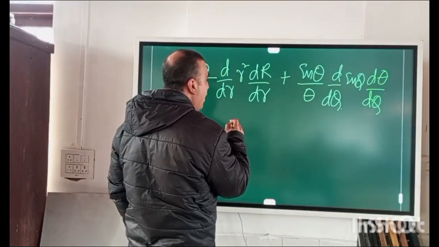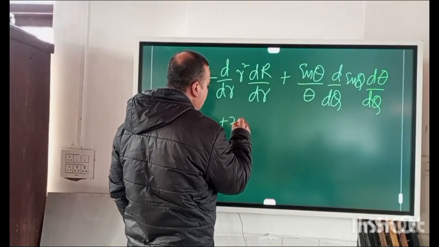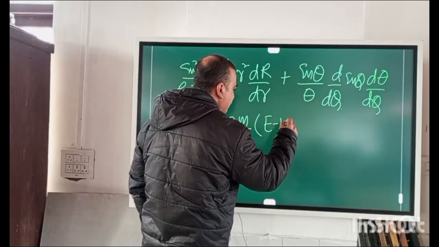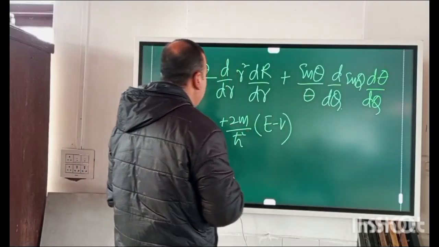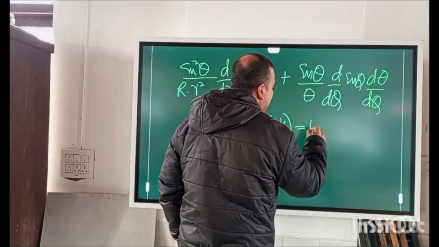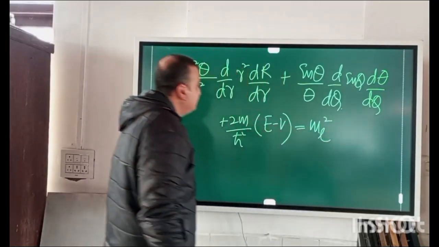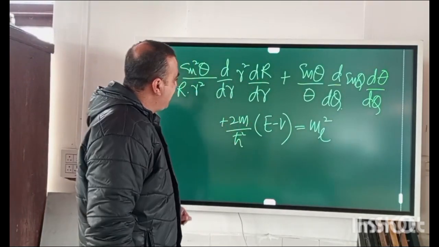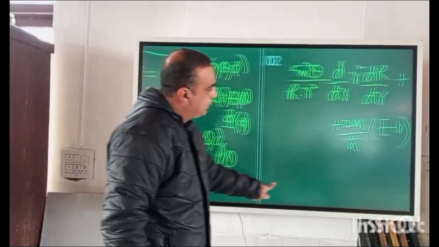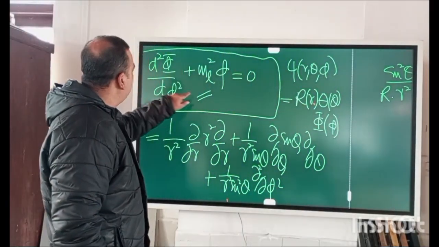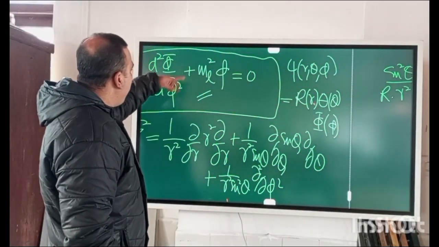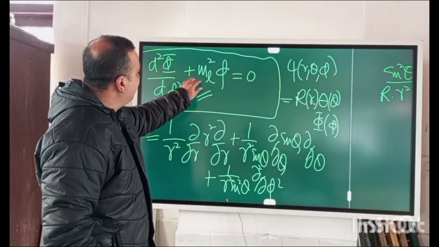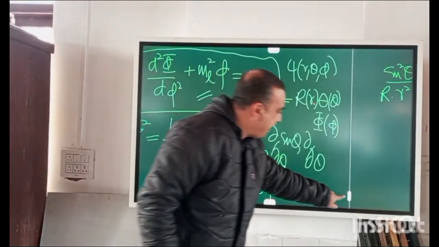And then we have plus 2m by h bar square E minus V. And this is equal to ml square. Because this thing was the left hand side of yesterday's equation, and the right hand side I have already shown you. And from the right hand side we got this equation because the right hand side was equalized to ml square.